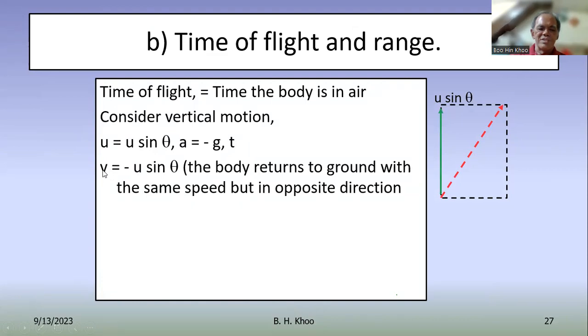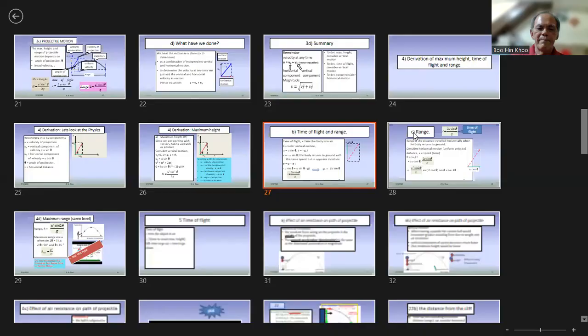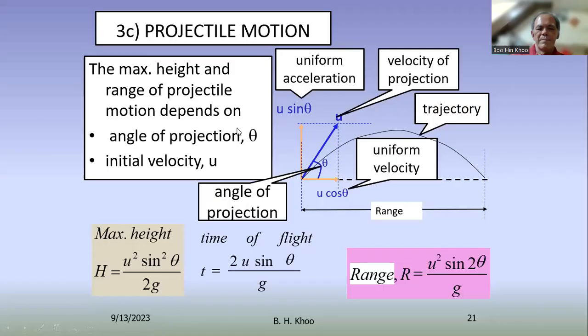So the final velocity, as it comes down, that's the final velocity. It's still the same value as this one, except it's pointing downwards.